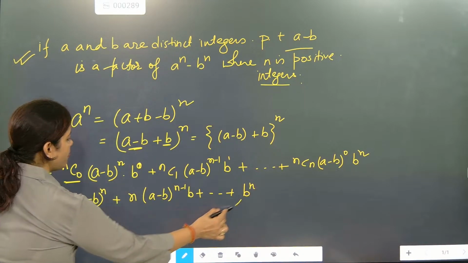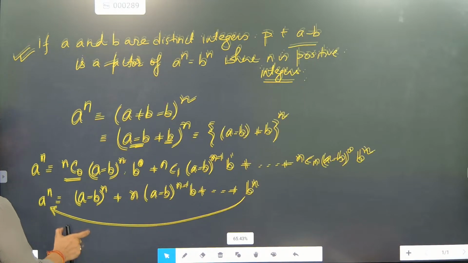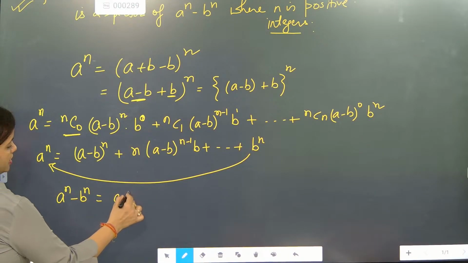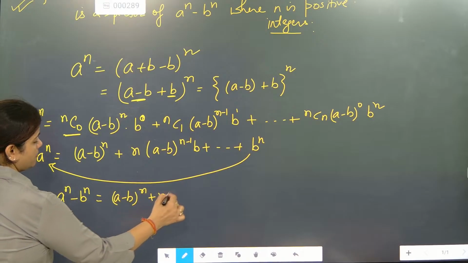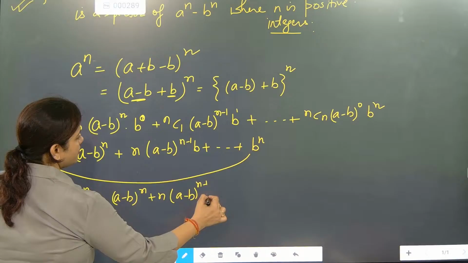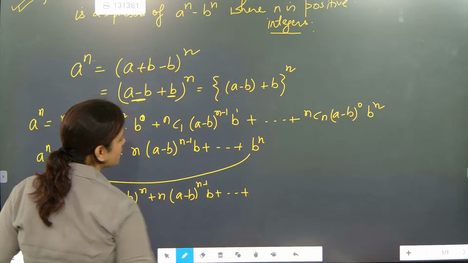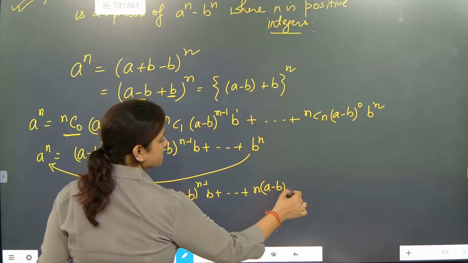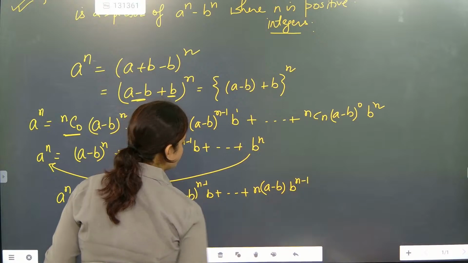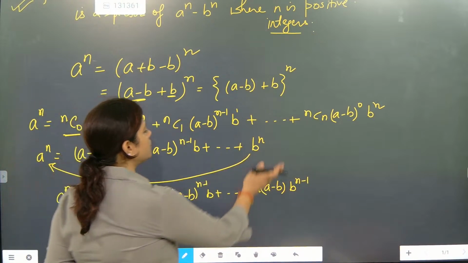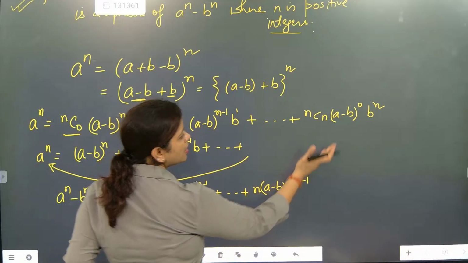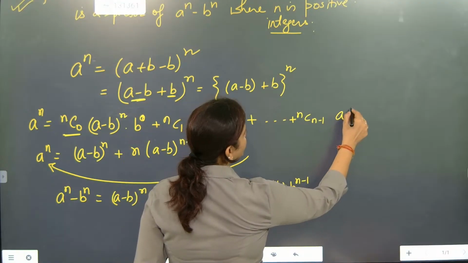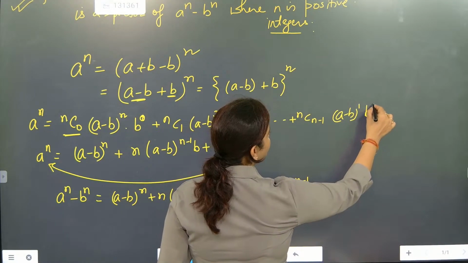Now shift this b to the power n to this side. It will become a to the power n minus b to the power n equals (a minus b) to the power n plus n(a minus b) to the power n minus 1 b, and so on. What will the last terms become, beta? Before the last term, I will write one more term, that is nC(n minus 1): (a minus b) to the power 1 and b to the power n minus 1.